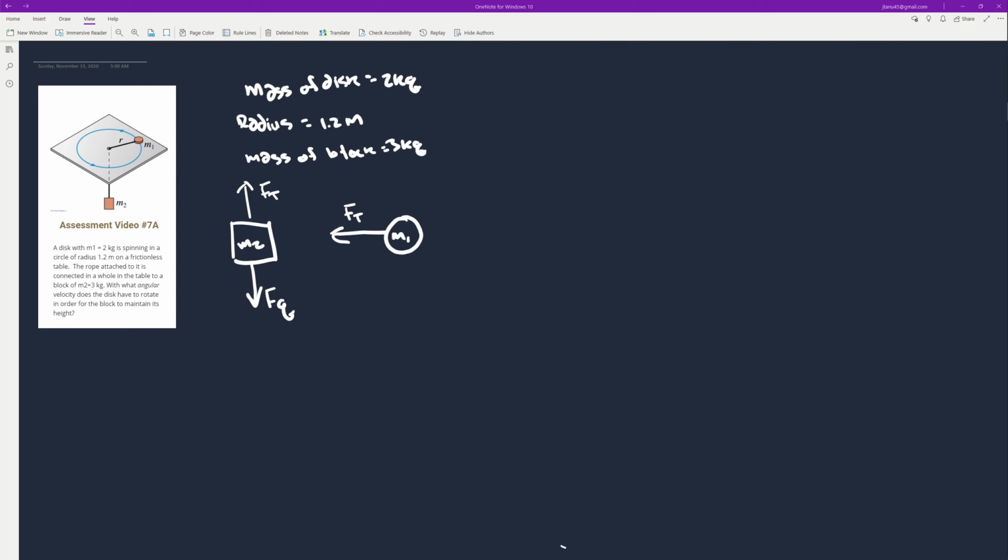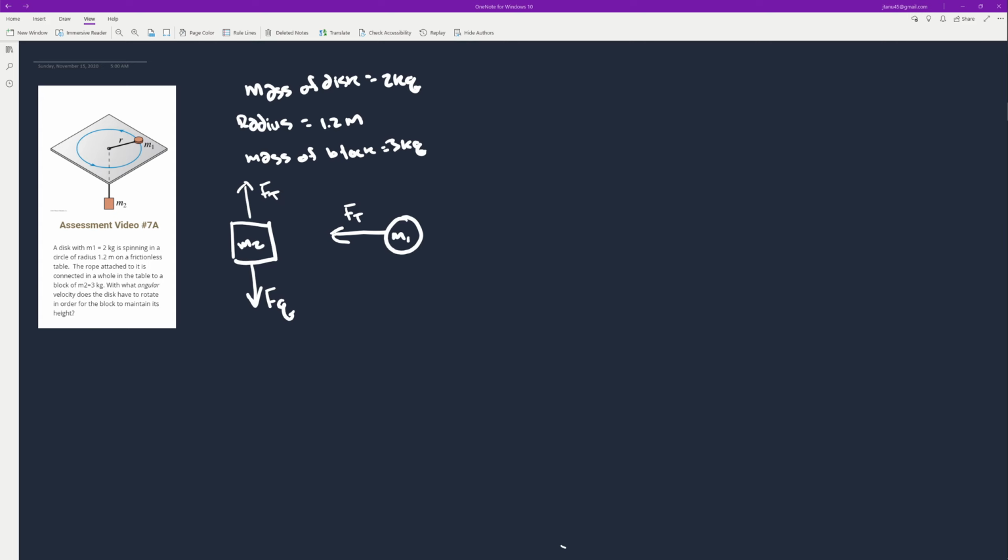Now, since when we rotate an object with circular motion, we have to have a centripetal acceleration to keep it from just launching wherever. And this centripetal acceleration is actually directed toward the center of the circle. So this force of tension is actually equal to our centripetal force.